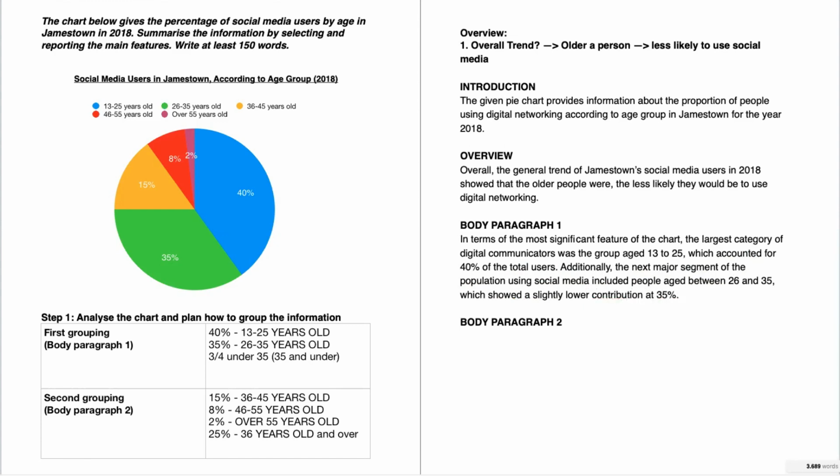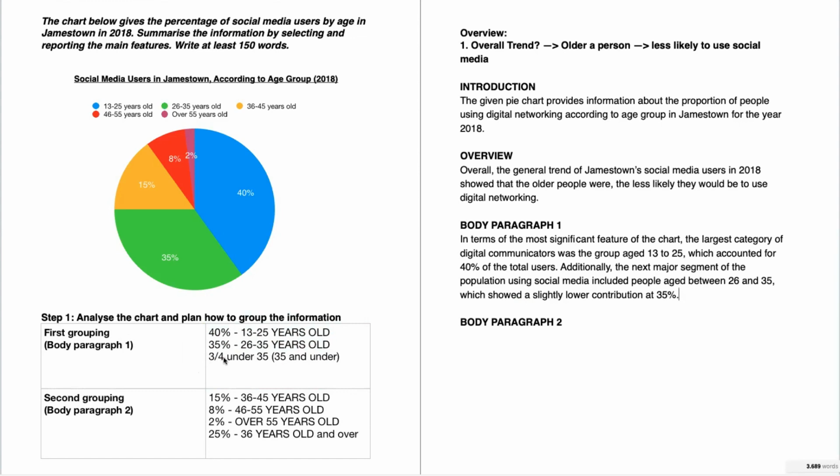So you see how I have just made up two sentences based on just these two pieces of information. I wanted to call attention to the fact that 35 is slightly lower than 40, but I used detail and I threw in some nice terms for analyzing graphs, which we will look at the end. I just want to add one more sentence talking about this significant 3/4 under 35.